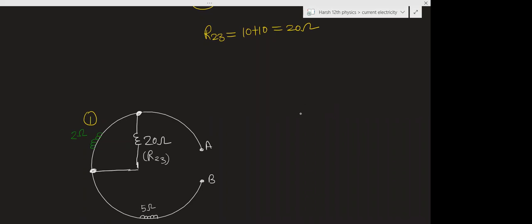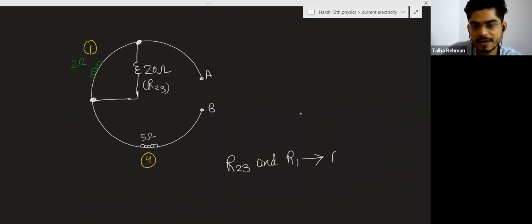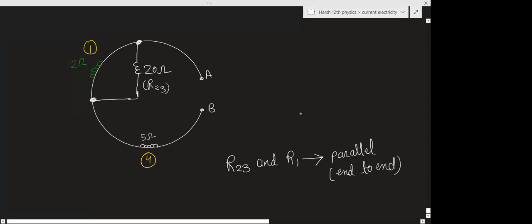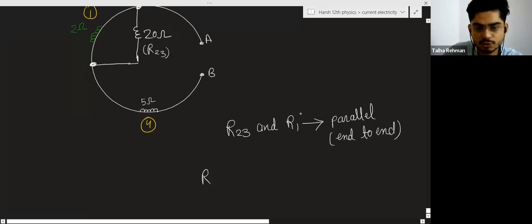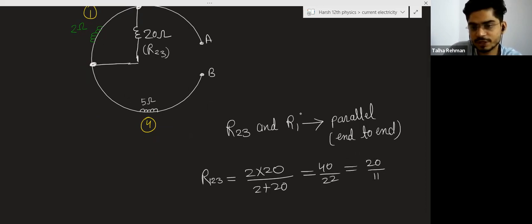So you will write R23 and R1 connected in parallel, because they are connected end to end. Can we find the equivalent R123? First, the multiplication of the two resistances, 2 times 20, divided by 2 plus 20. So this will become 40 divided by 22. This will become 20 by 11 ohm.